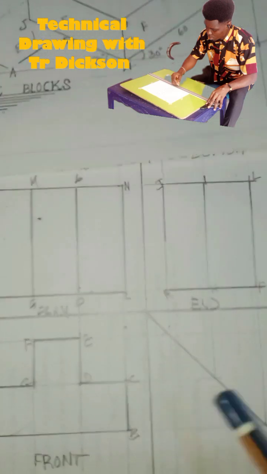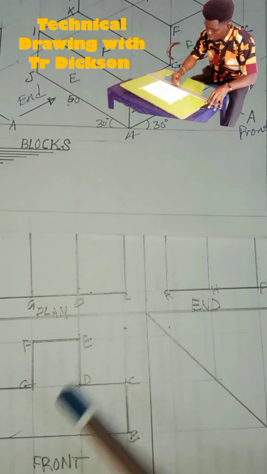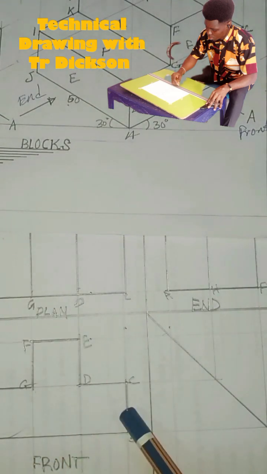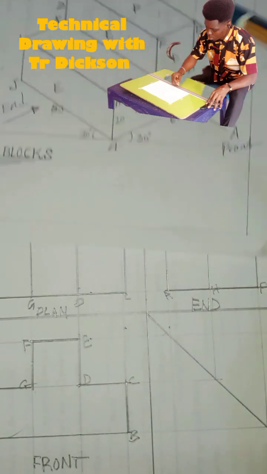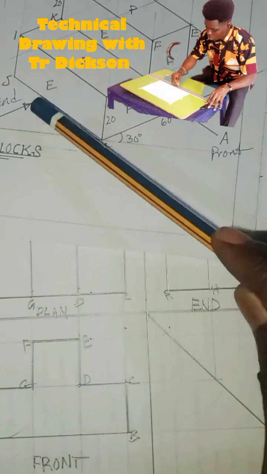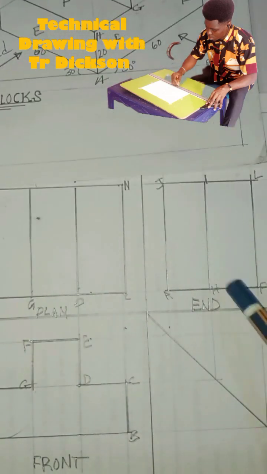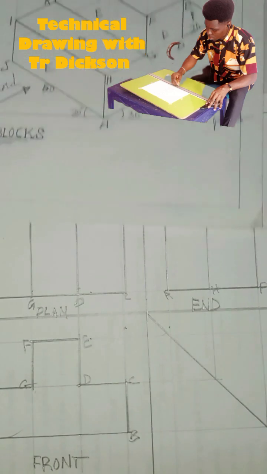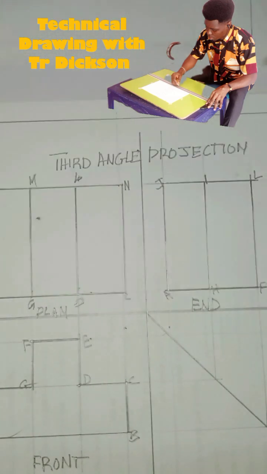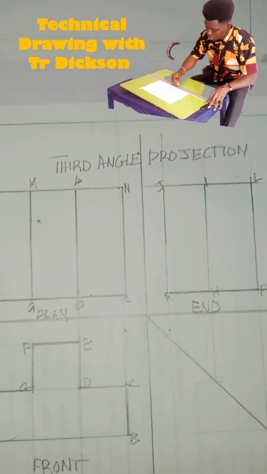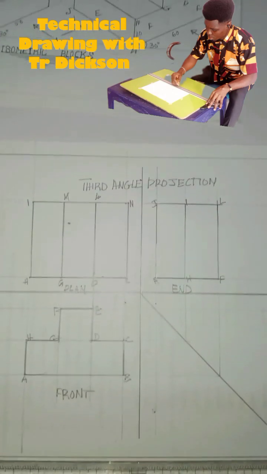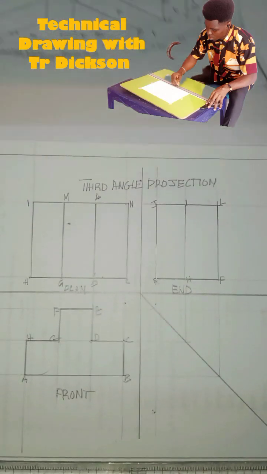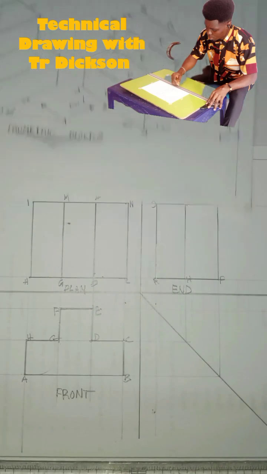So look at how the front view looks, and exactly is what you have in here. Look at how the plan is 1, 2, 3 faces, and then the end view 1, 2, and this is 1, 2. So we've been able to achieve this in a more simplified but unique way.